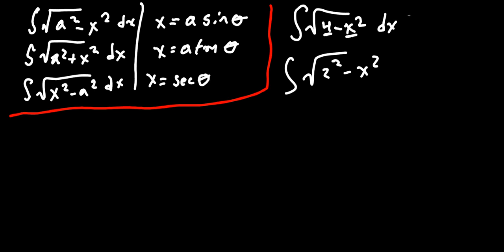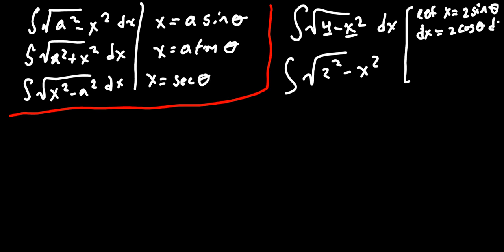To make our substitution, we're going to let x equal our a value, 2 times sine theta, and our dx value, just like u substitution, we're going to calculate, is going to be 2 cosine theta d theta.